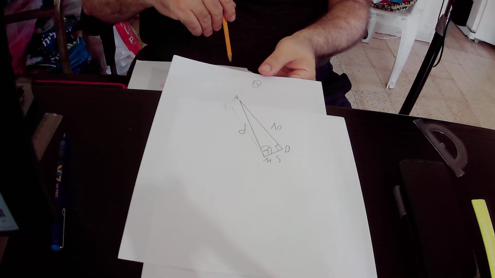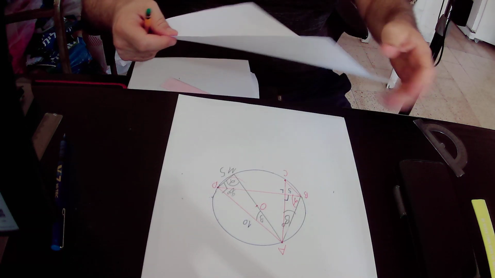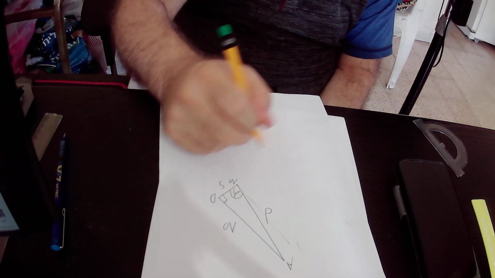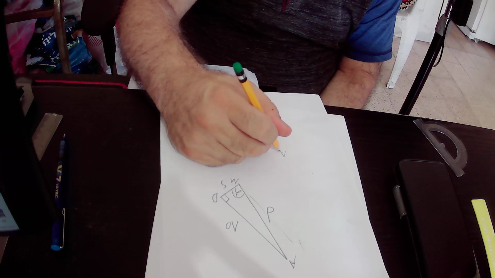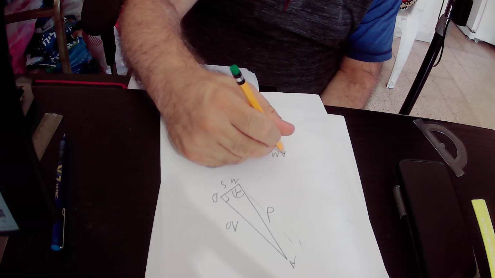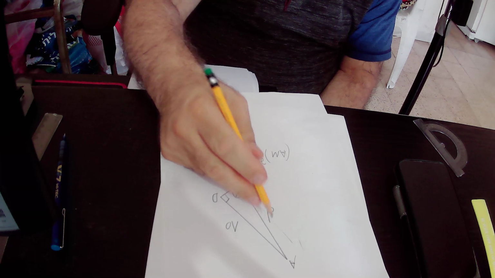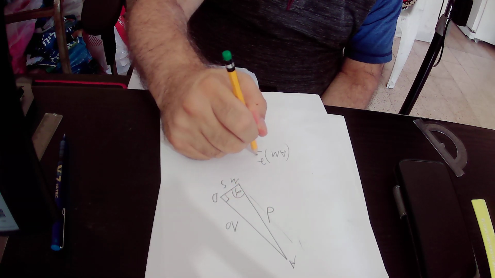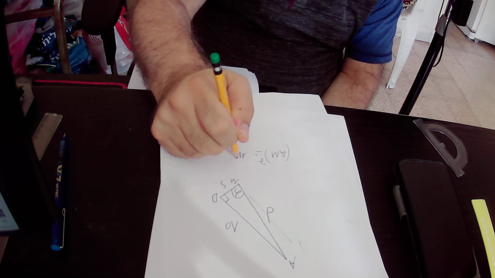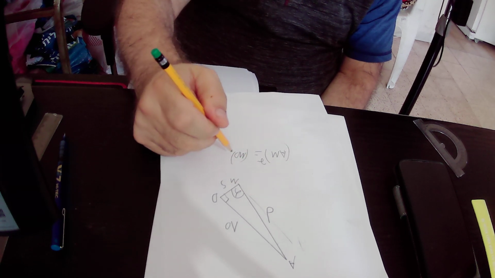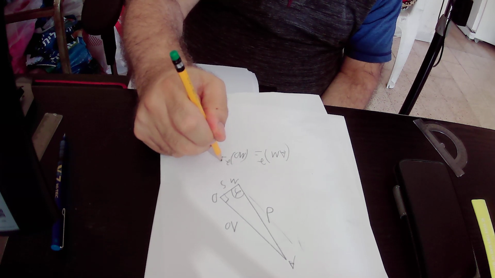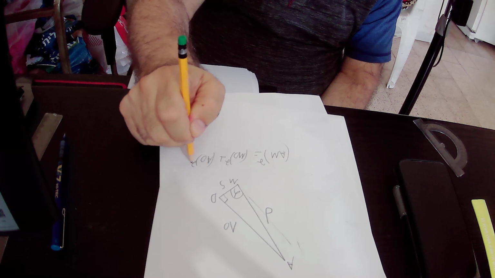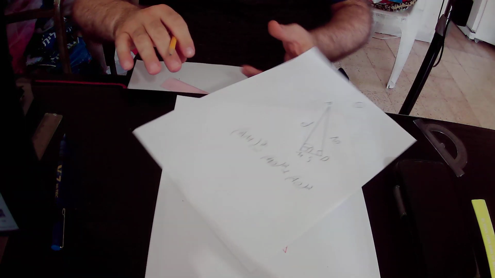Okay, so according to the Pythagorean theorem, AM squared, that is the square of the hypotenuse, equals the sum of the squares of the perpendiculars. That is to say, equals MD squared plus AD squared.